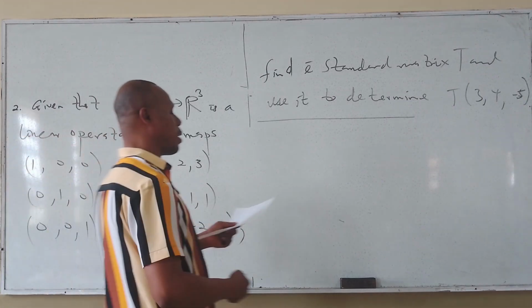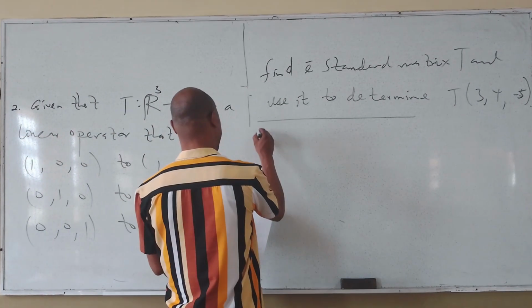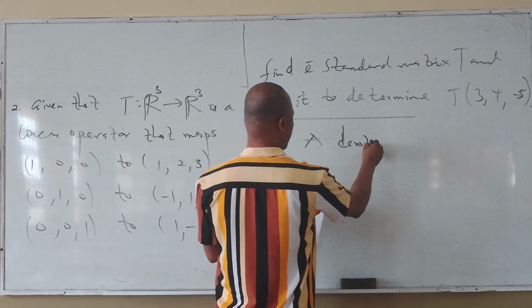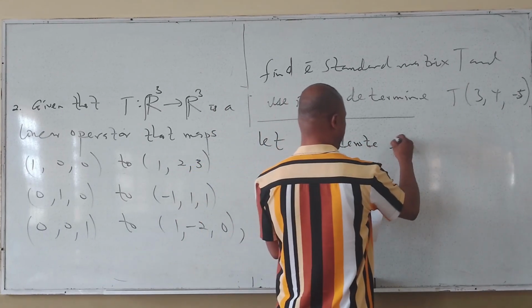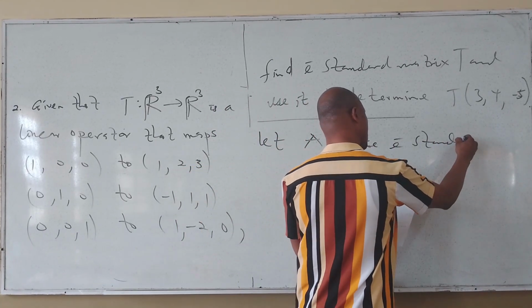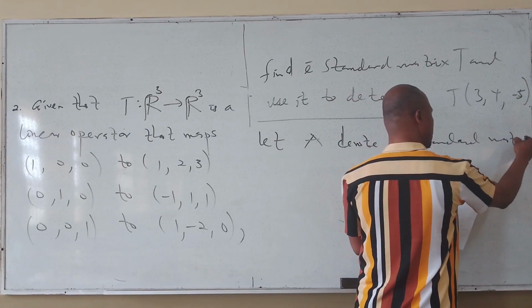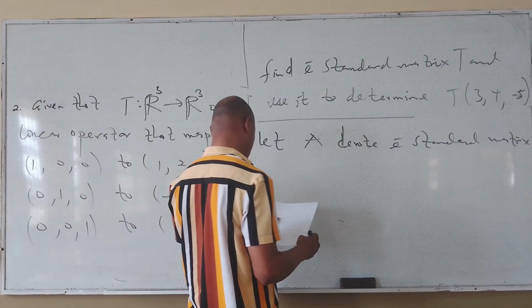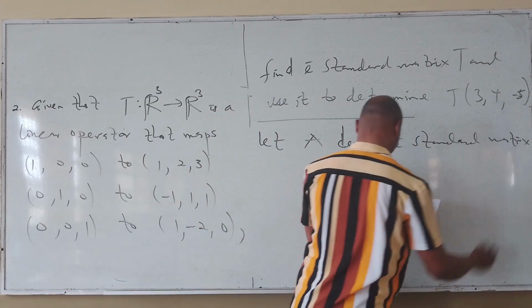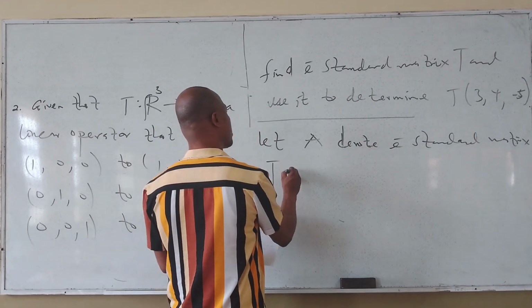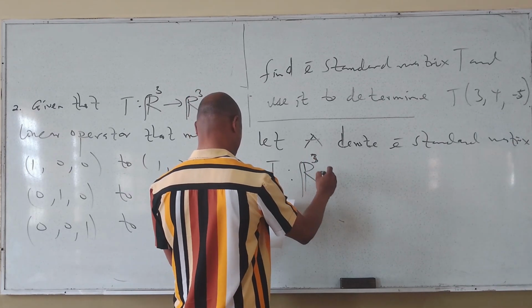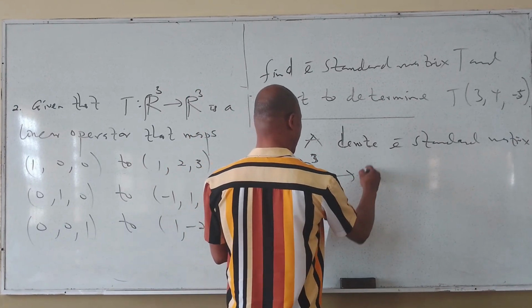So let's assume that our standard matrix is A. Let A denote the standard matrix of T, where T is just R cube to R cube.